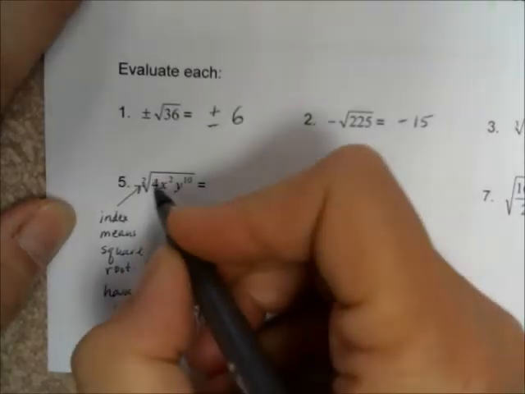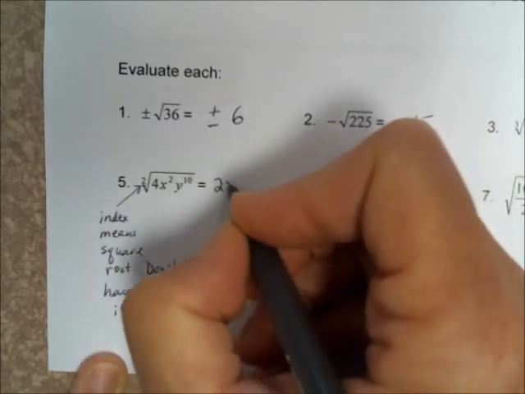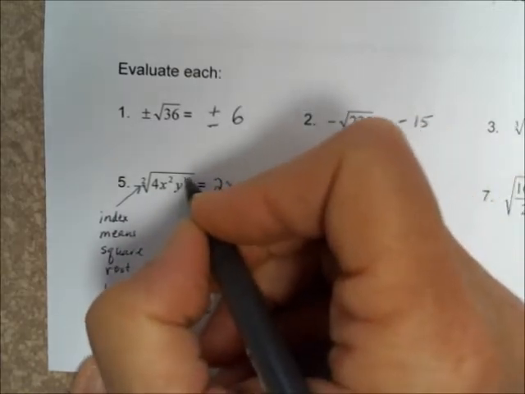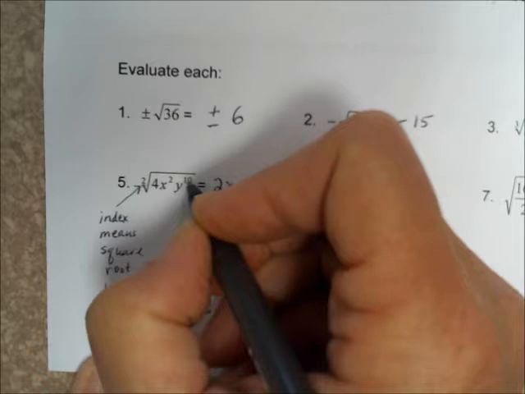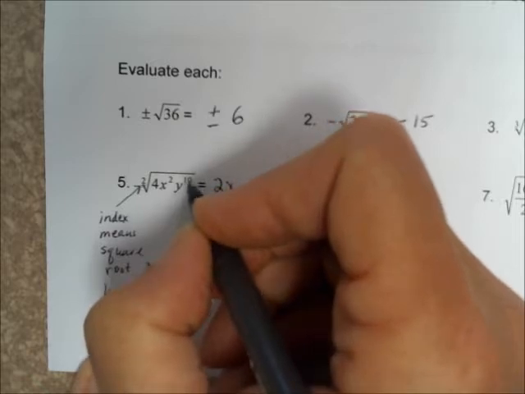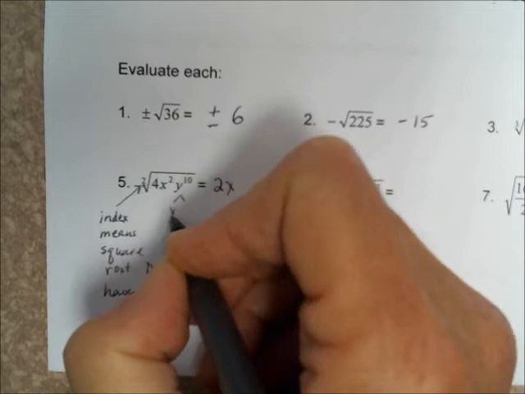All right, so you're going to take the square root of 4 and get 2, the square root of x squared and get x. Now, if you take the square root of y to the 10th, what you're going to do is say y to the 5th times y to the 5th is y to the 10th.